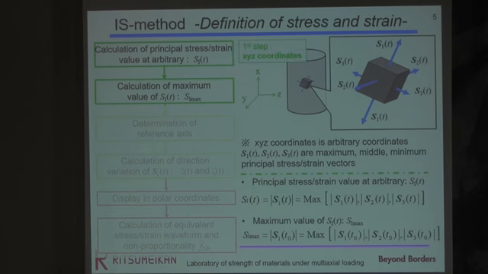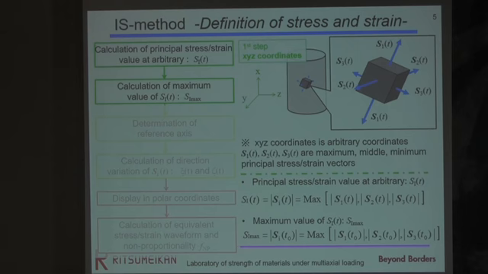So firstly, we calculate the principal stress and strain value at the arbitrary time. For example, this SIt is the value of principal stress and strain. It's calculated in this equation.